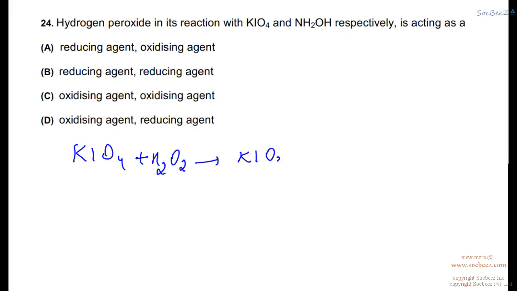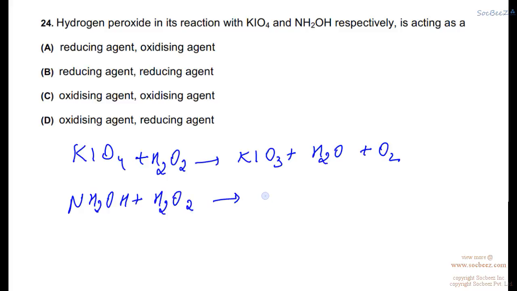It gives KIO3 plus H2O plus O2. And with NH2OH, the reaction looks something like this. So if you balance it, the coefficient of H2O is 4 and that of H2O2 is 3.